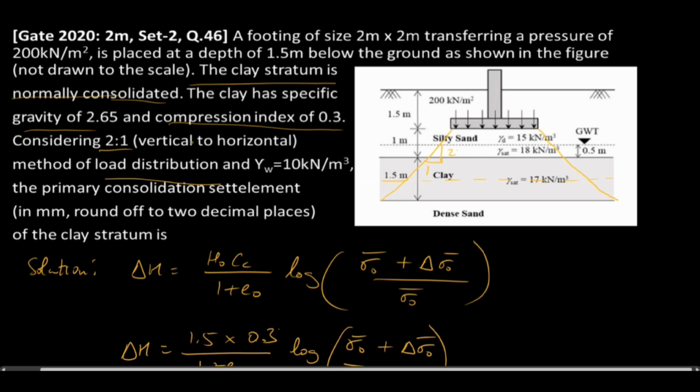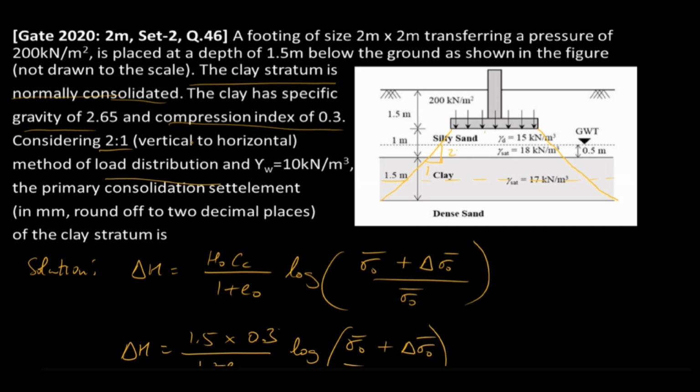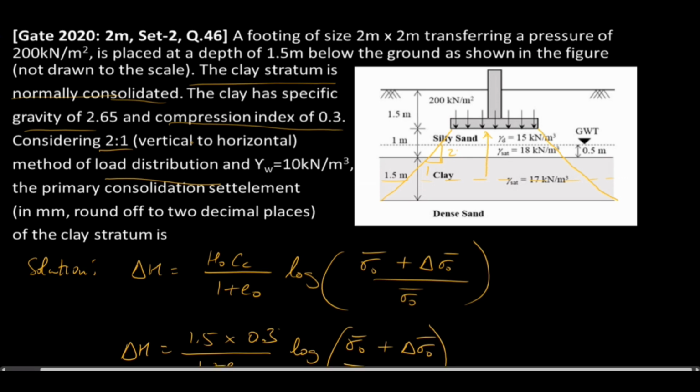So the depth from the footing to the middle of the clay layer will be 1 plus 1.5 by 2, that is 0.75, so 1.75 meter.